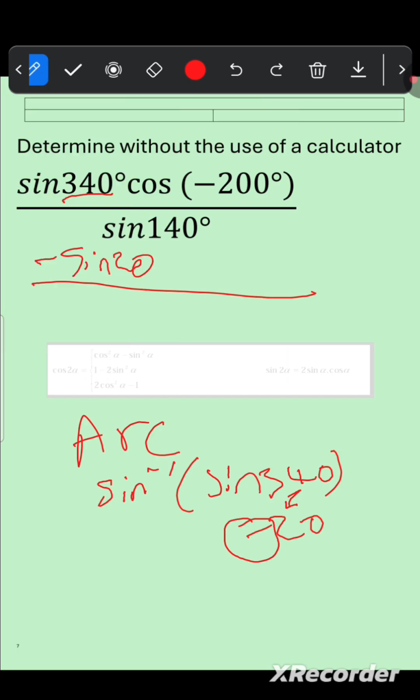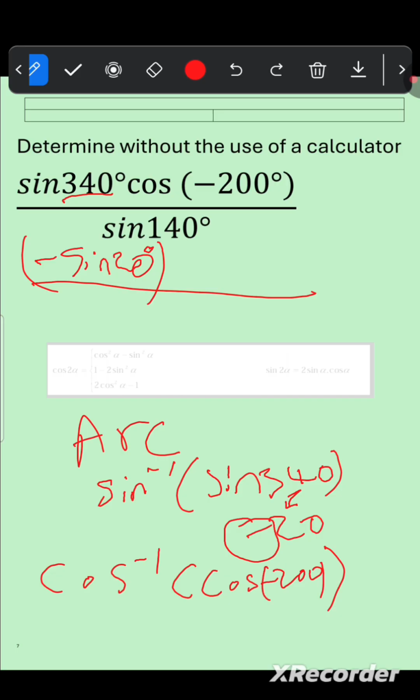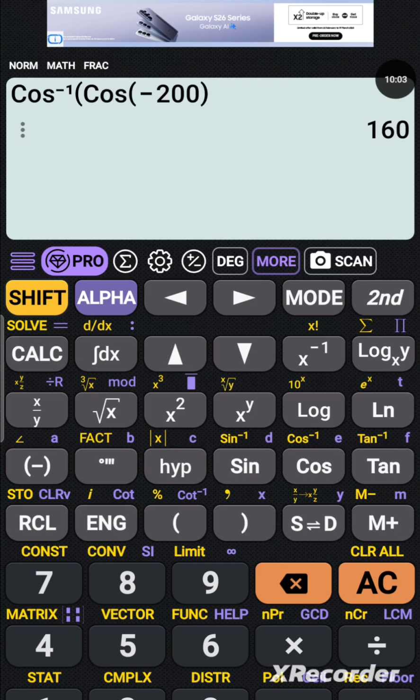So go to the next one. This is degrees. Cos 200 in the calculator, I'm going to shift cos negative cos 200 to see the answer that I get. You get 160 if you do that.